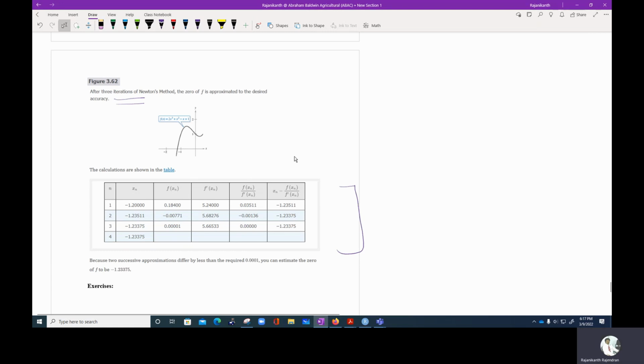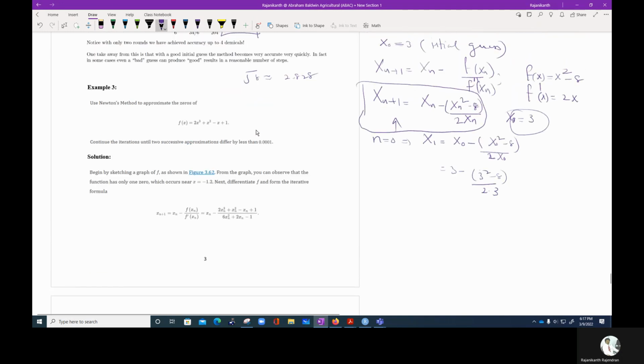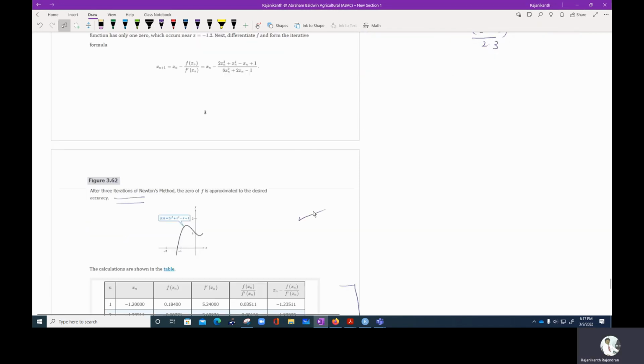The first guess you always have to find out, or it will be given. Okay, so an easy way is first you could graph the function, to graph this function and guess the first initial value. Then go from there. So the picture is given. Why don't you try these two?